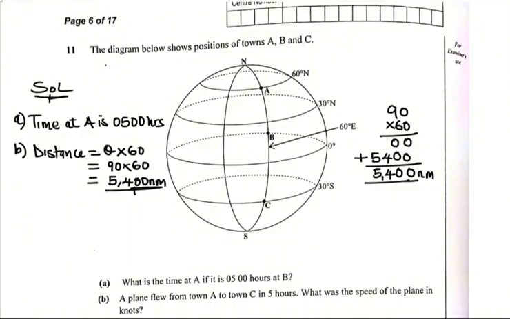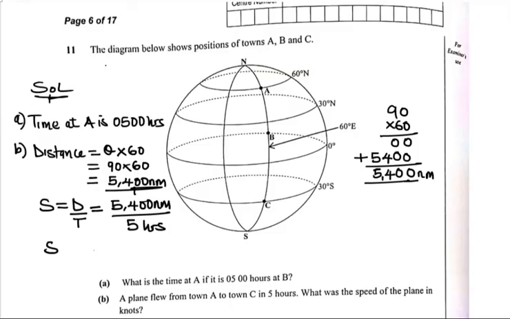Now for speed, we said we are going to use the formula distance covered over time taken. Now for distance covered, we've calculated this as 5,400 nautical miles, then divided by time taken, that is 5 hours.